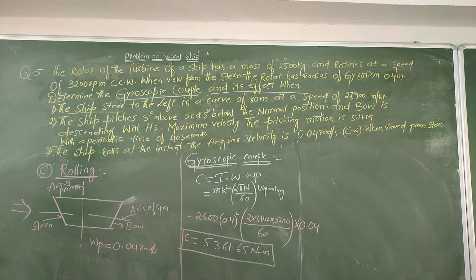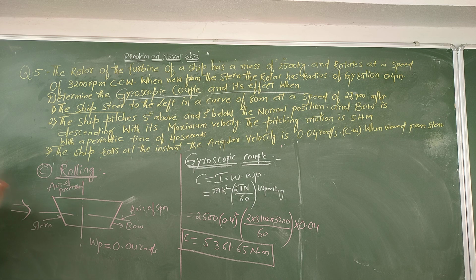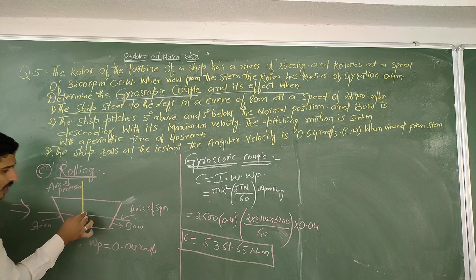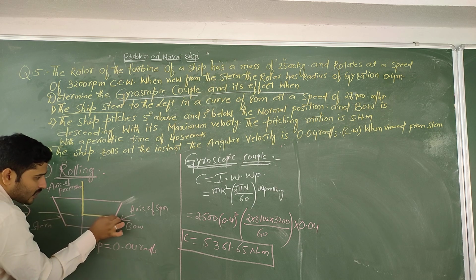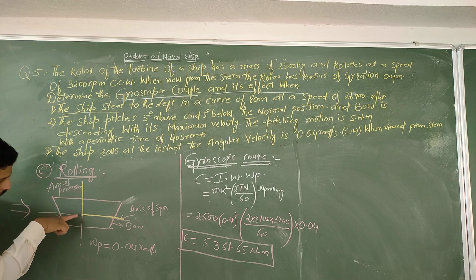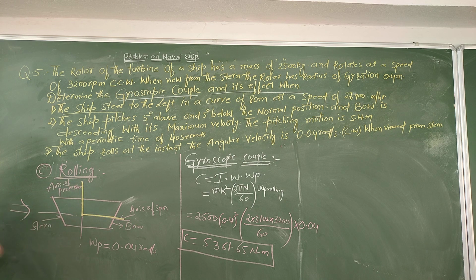But again we need to find out what is the effect during the rolling. Listen, we know very well the gyroscopic couple will be present if the axis of precession is perpendicular to the axis of spin.